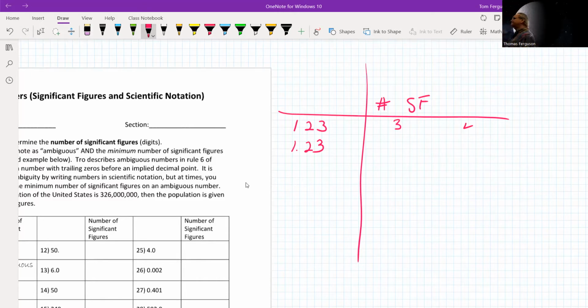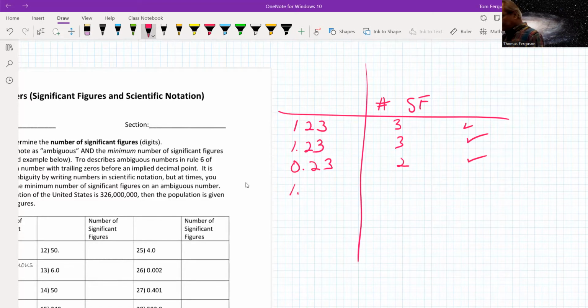How about that number? 3 again. That's right. How about that number? 2. How about that number? 3. How about that number? Oh, yeah. We have 2. What else? 1.